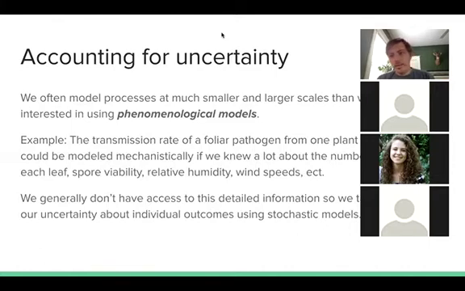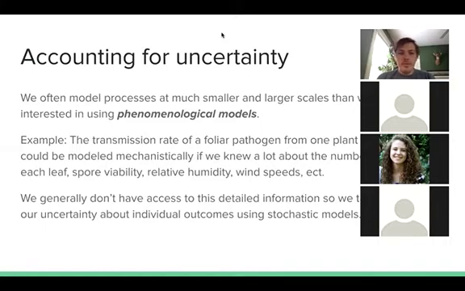To give another example from sort of the epidemiological world, we can think about transmission rates between different, say, plant hosts in a field over time. We might treat transmission rates between different hosts as if they were stochastic, but there might actually be deterministic underlying reasons why the transmission rate between different plants in a field varies.